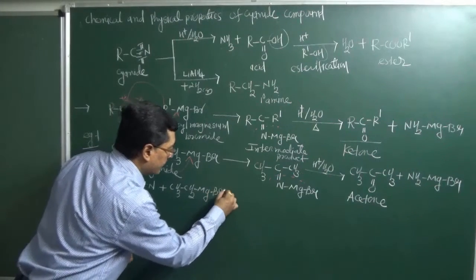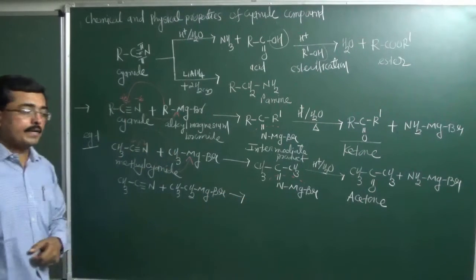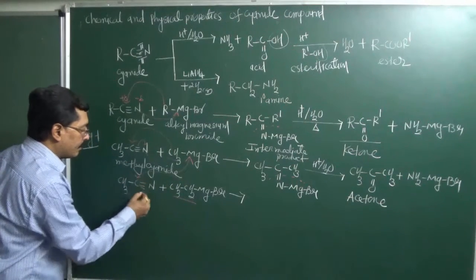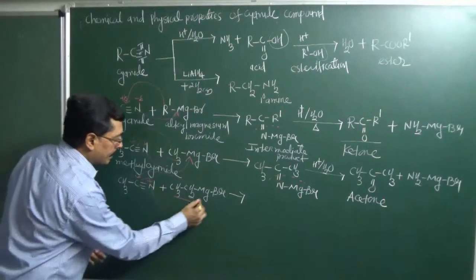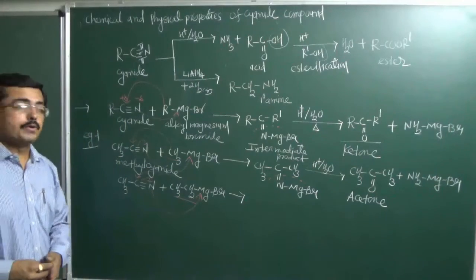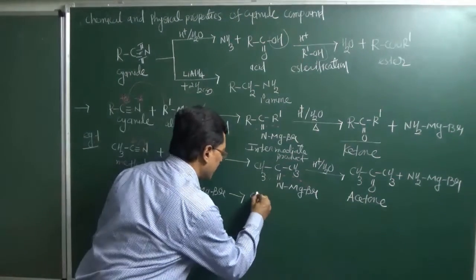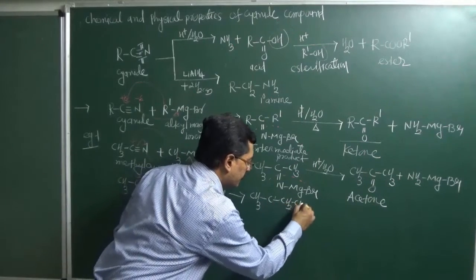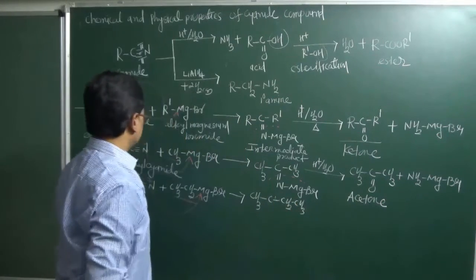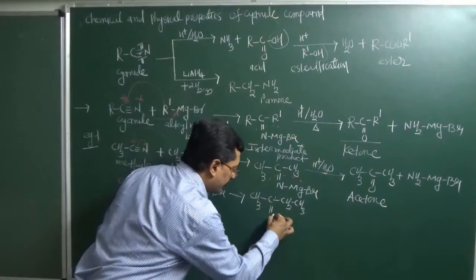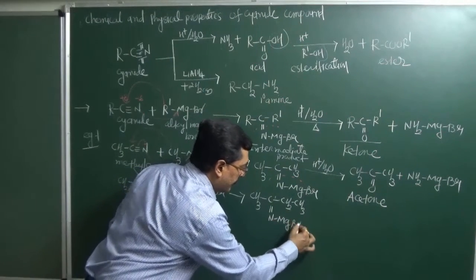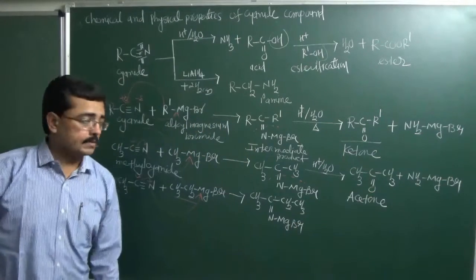Then what will be the intermediate product? Now you know very well this alkyl group will be added on carbon, the pi bond breaks, nitrogen donates its electron pair to magnesium. So as a result we get this type of structure, CH2CH3, with carbon having a double bond with nitrogen and MgBr.